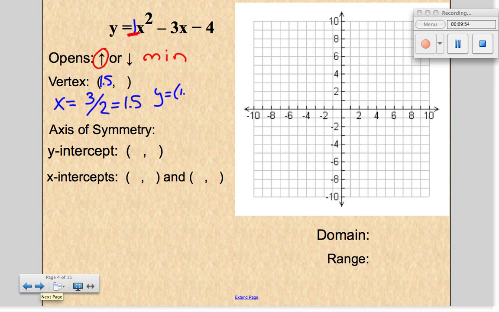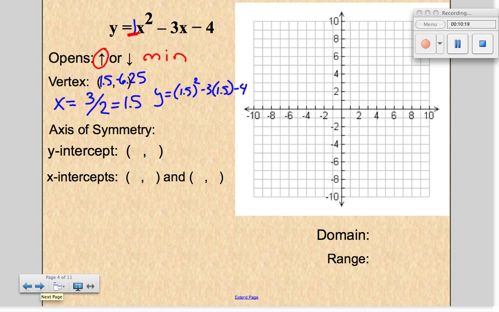To get the y value, I'm going to plug it in. So to get my y value, I'm going to do 1.5 squared minus 3 times 1.5 minus 4. Let me get my calculator here. So plugging in 1.5 would end up giving me negative 6.25.